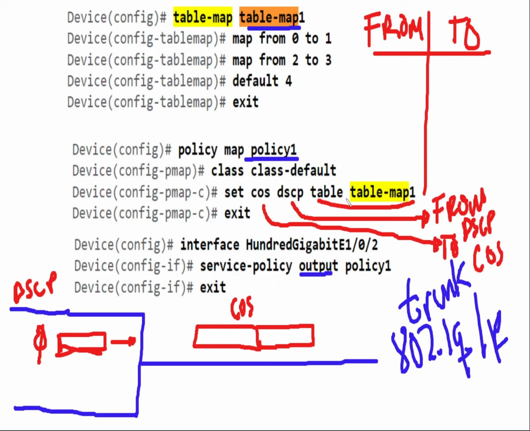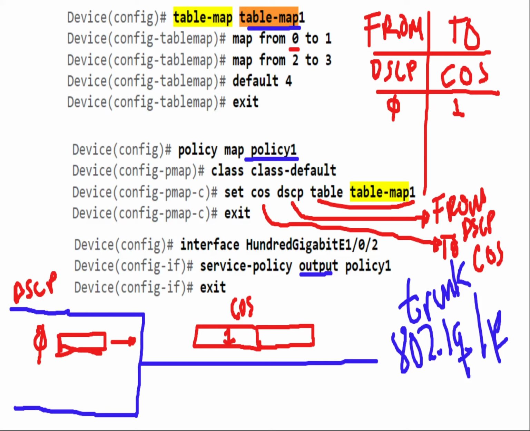So when we apply this command, now we know that the from value is DSCP and the to value is cost. Now let's say that this packet has a DSCP value of 0. Then we are going to look into this table map, and we notice that 0 has an equivalent of 1. So we are going to write this cost value of 1 because the table map is instructing us to do so.